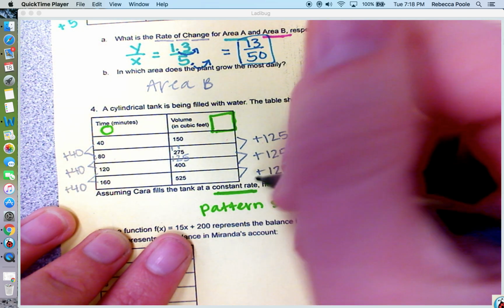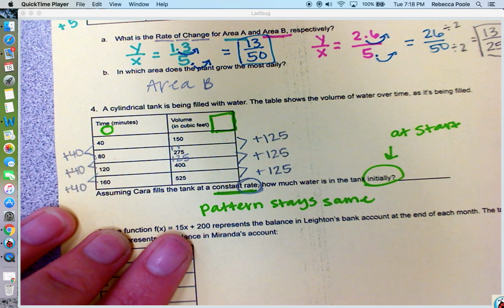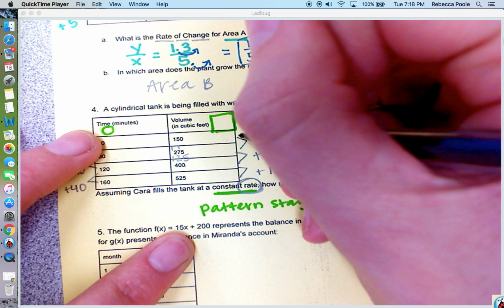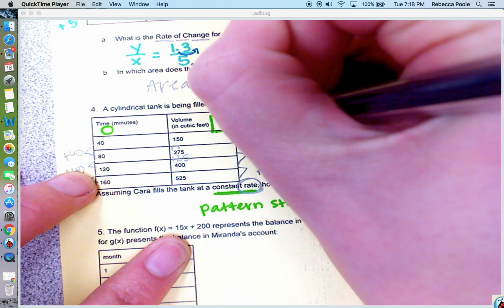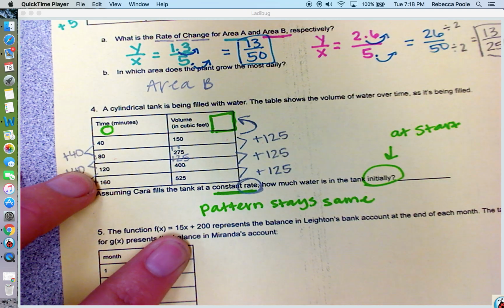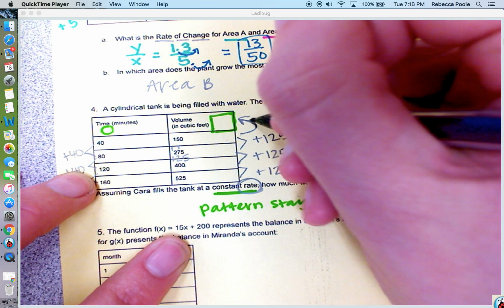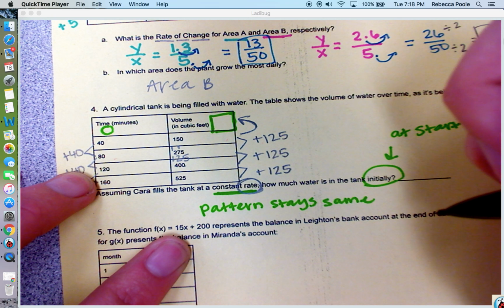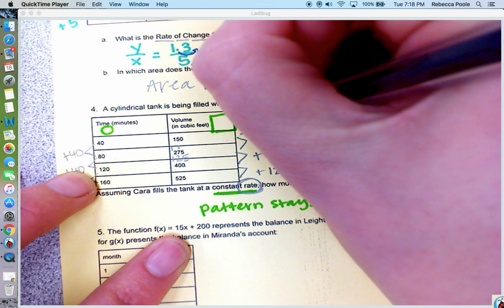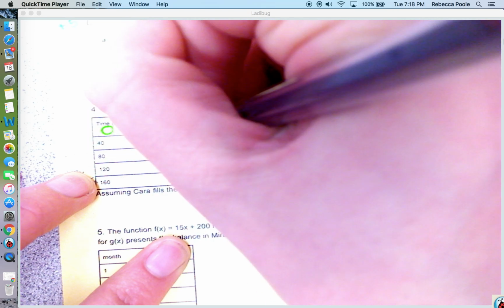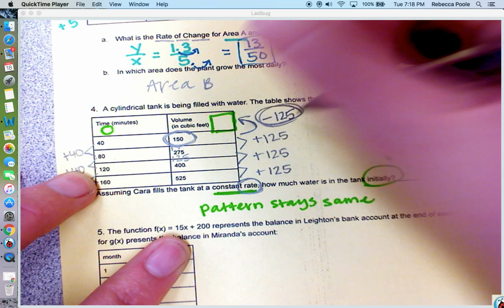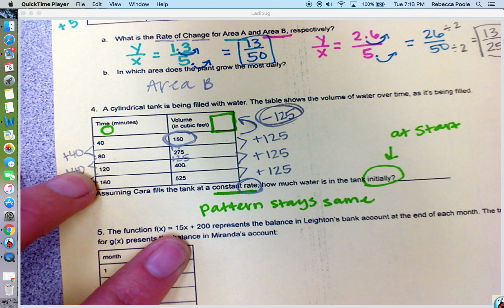So it says constant rate, right? Which means if I'm going down and I'm adding 125, I need to work backwards and find where we started, right? So if I work backwards instead of adding 125, I can subtract 125. So I want to do 150 minus 125. Now let's make sure that's going to work.